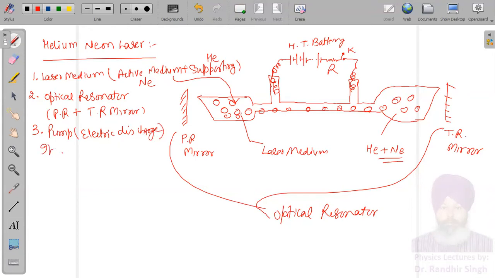So it supplies energy for excitation, so as to produce and maintain population inversion.